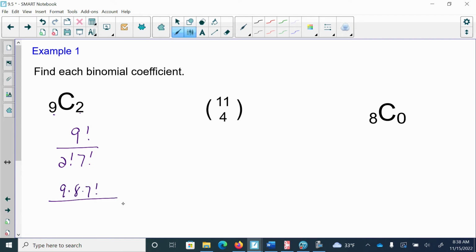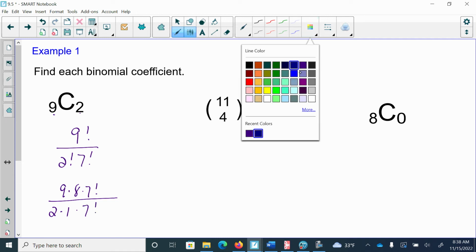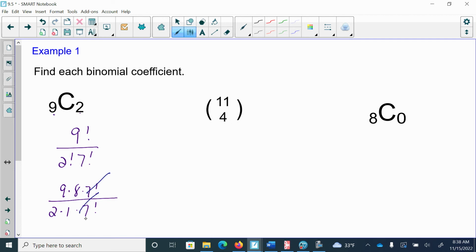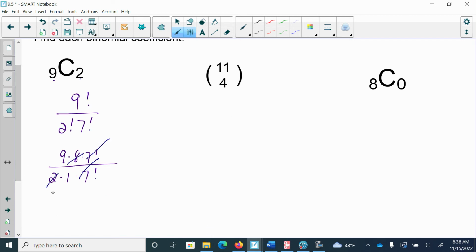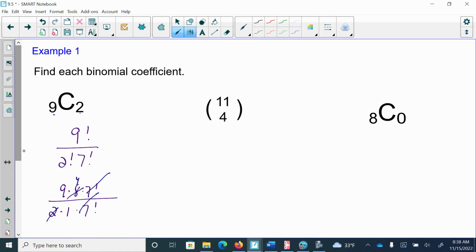You should recognize this from before. Now the 7 factorials will simplify, and then I can simplify the 8 and the 2, and my final answer is 36.